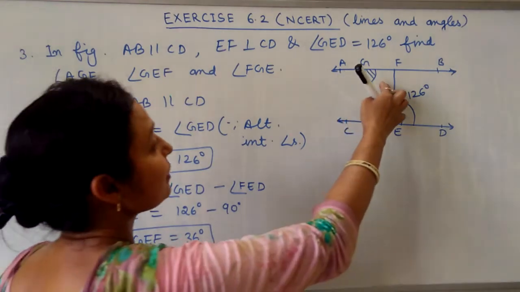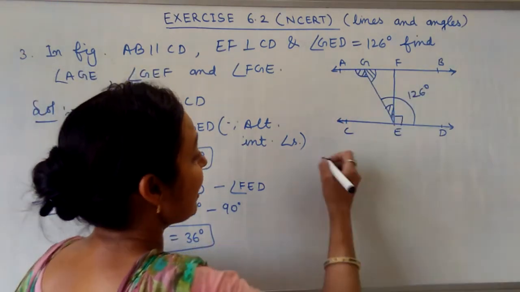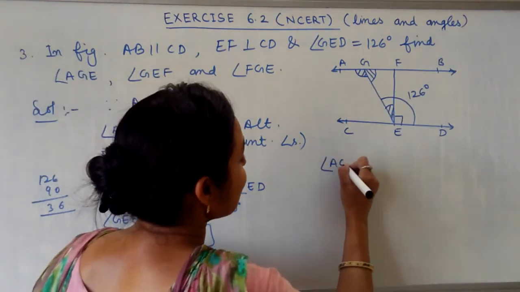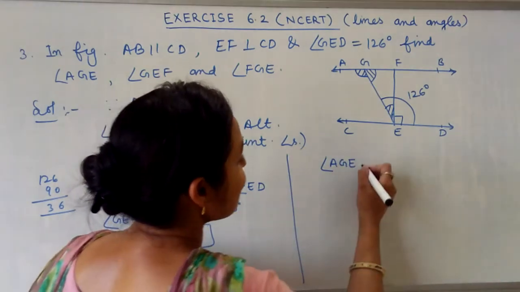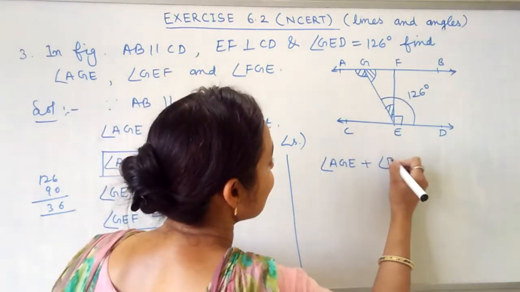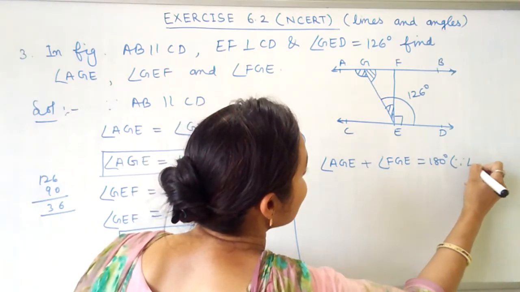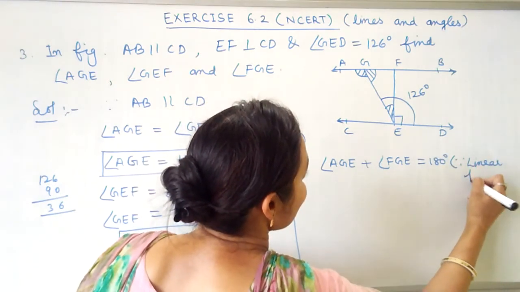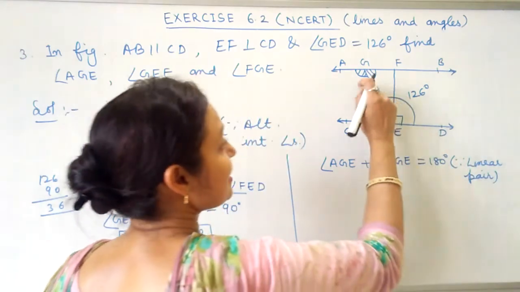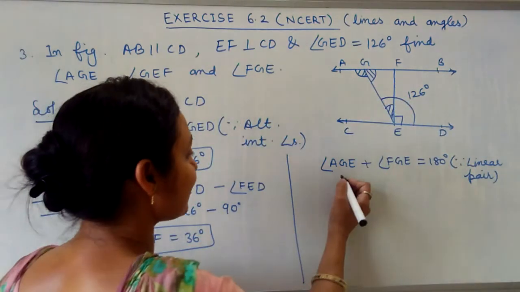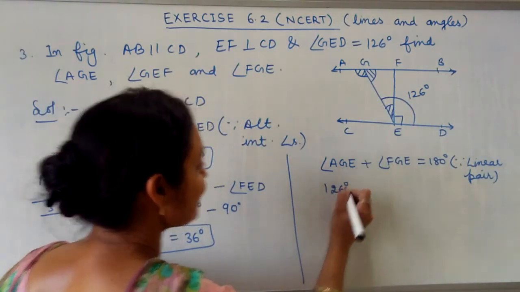Now come to the third angle, FGE. Angle AGE plus angle FGE is equal to 180 degrees because of a linear pair. In a linear pair the sum of these two angles is equal to 180 degrees. This is 126, which is given to us.